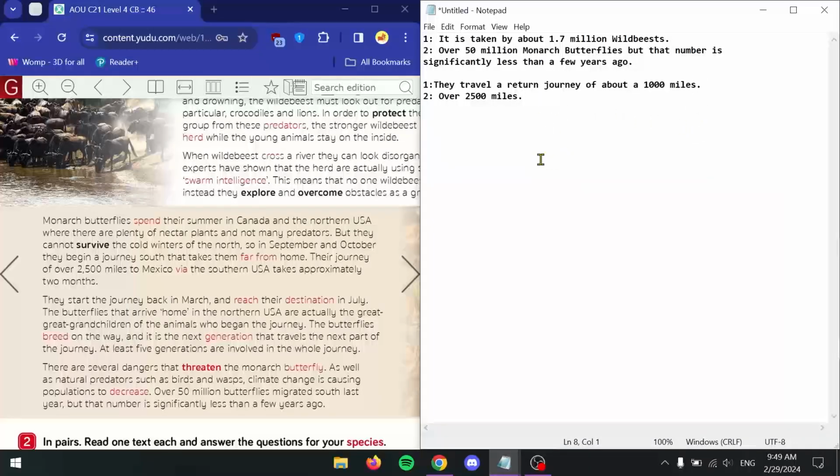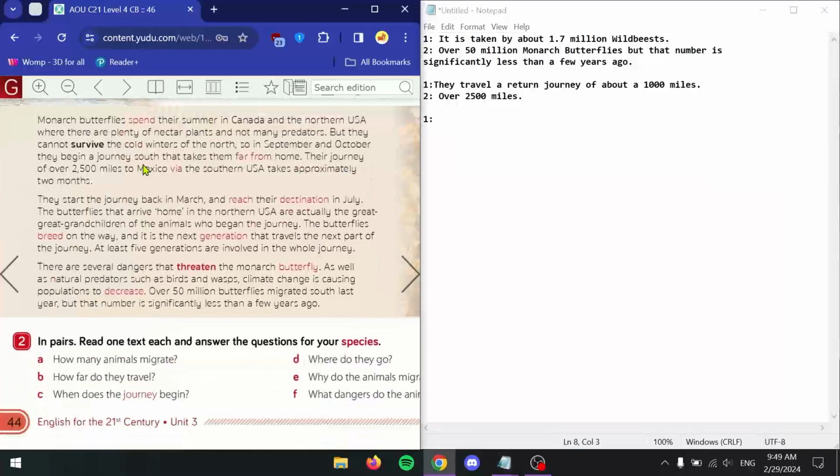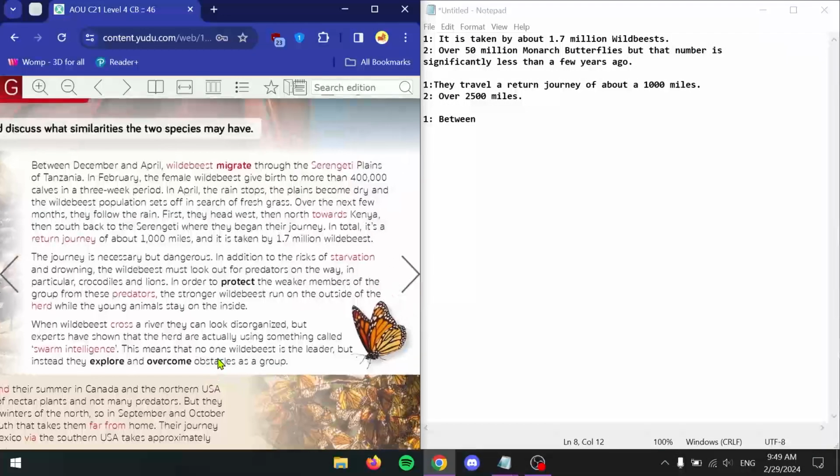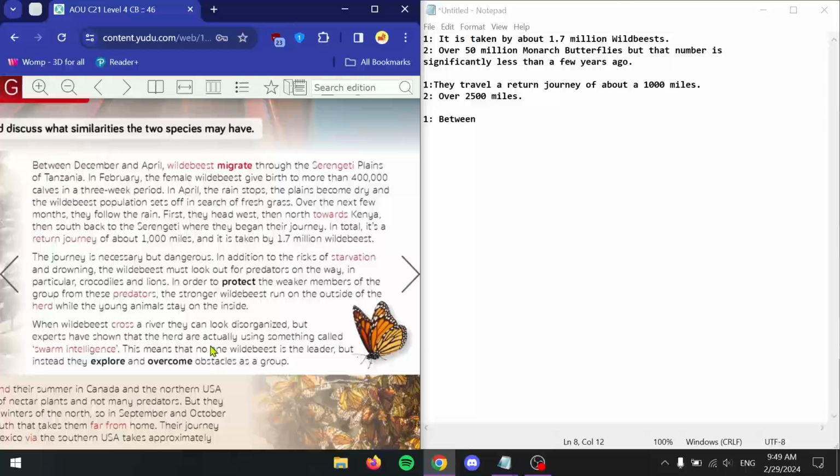Let's go to question number 3. When does the journey begin? Okay, for the wild beasts, let me take a look so that I make sure I get this right. It is between December and April.